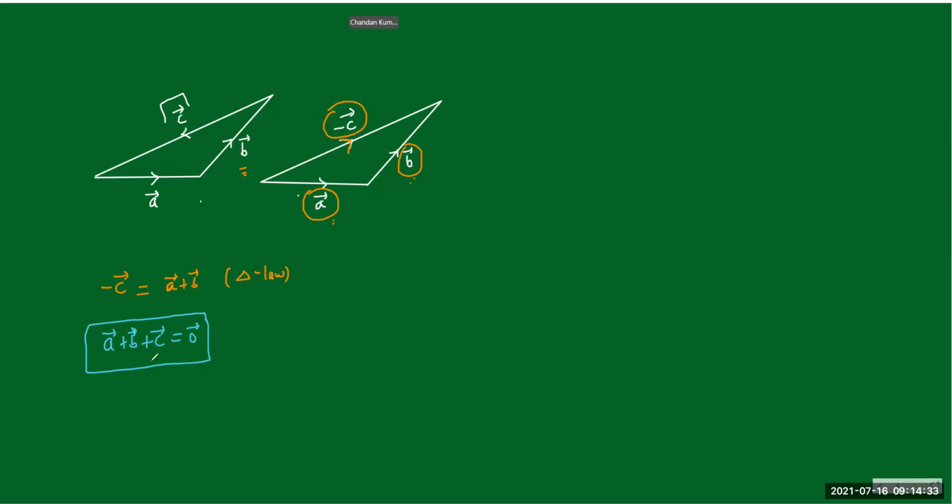That proves that the vectors' resultant is 0. So when three vectors add up to 0, it means they form a closed polygon. That is what I'm saying. So whenever we have n vectors, for n vectors, maybe you can name them A1, A2.